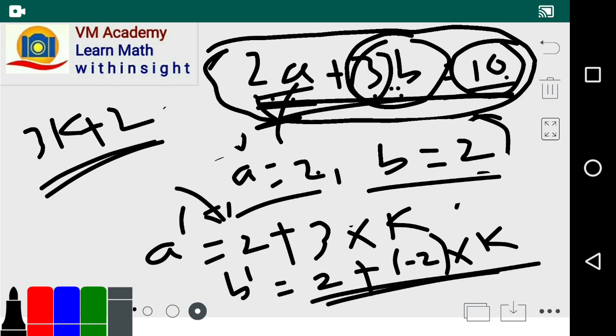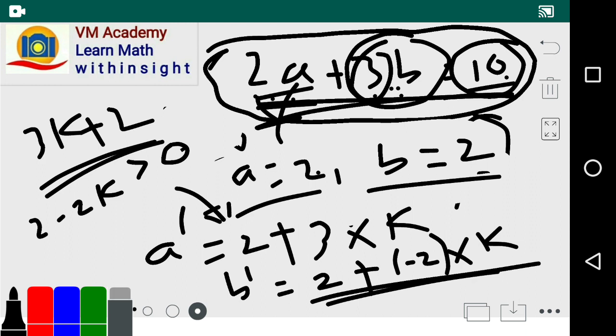And from this condition, 2 minus 2K greater than or equal to 0, that is 2 greater than or equal to 2K, greater than 0, friends. Price cannot be 0. So 2 minus 2K greater than 0.